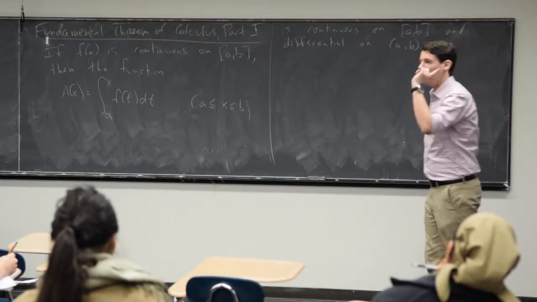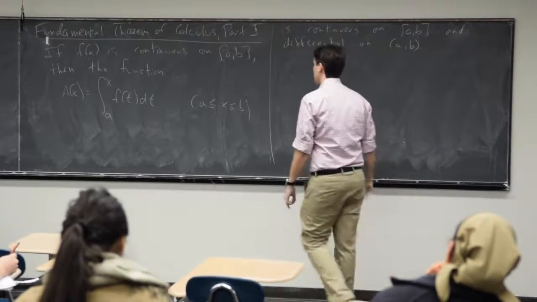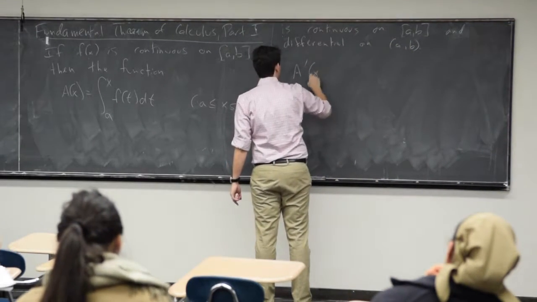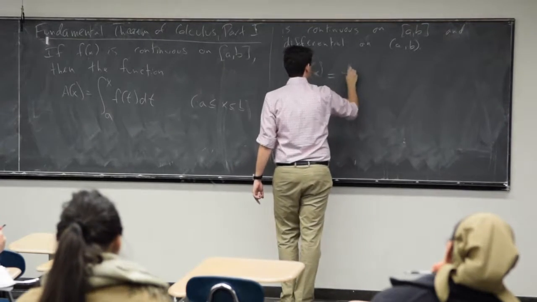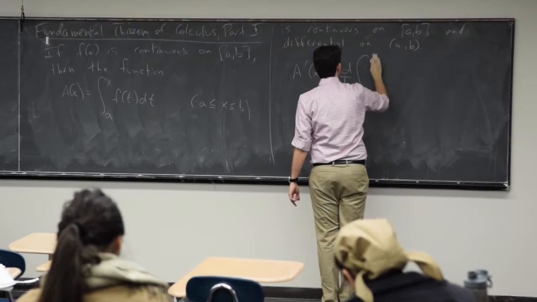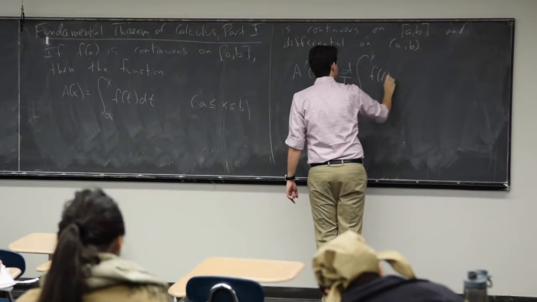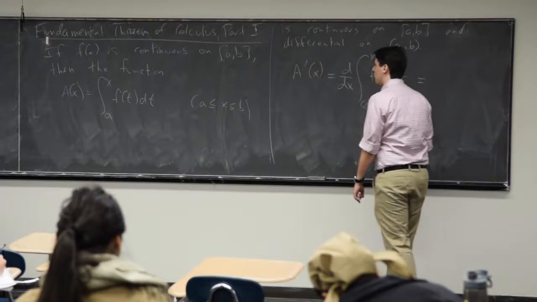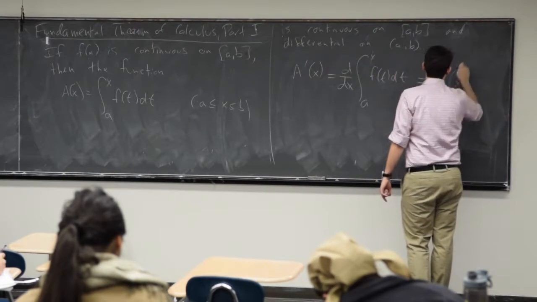And even more, we know what its derivative is. A prime of x, which is the derivative of the integral from a to x of f of t dt, equals f of x.